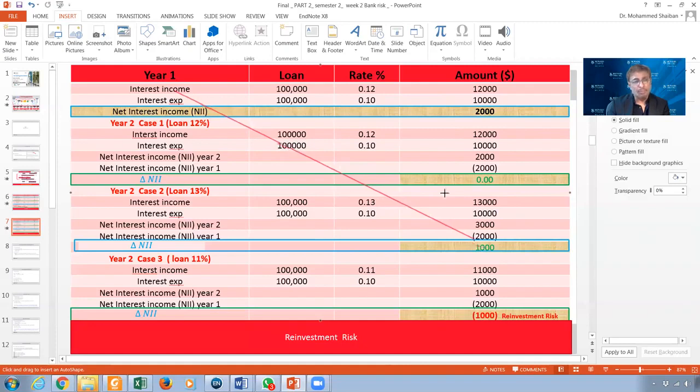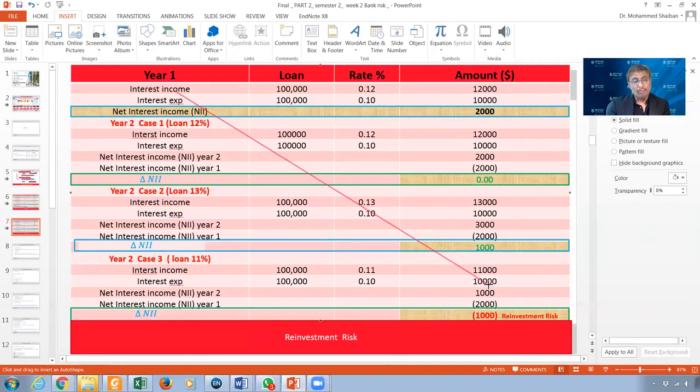Here is the problem, where the loan is only now paying 11%. So I get 11 million interest.